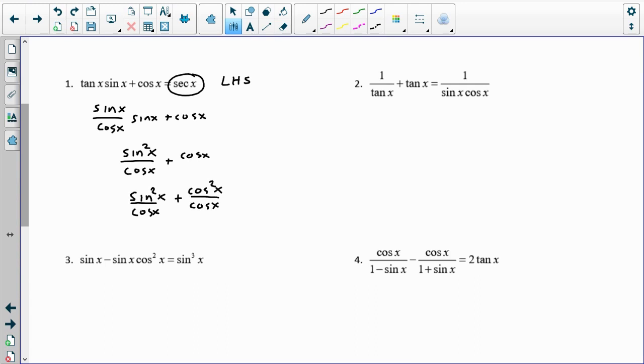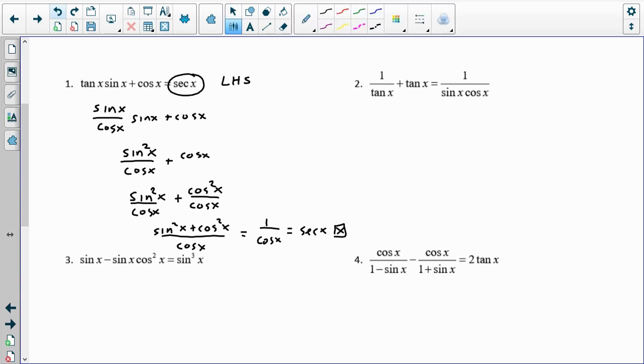That's because I'm multiplying the top and bottom of the second term by cosine x. Now I have a common denominator, so I have sine squared plus cosine squared over cosine. And sine squared plus cosine squared is 1. And 1 over cosine is secant. And now I'm done.